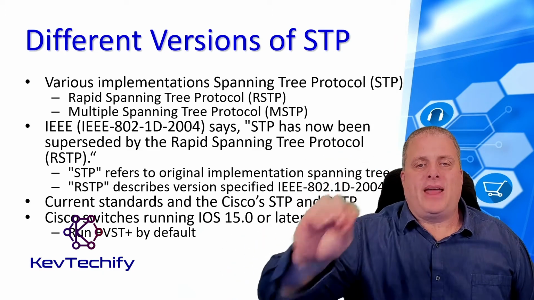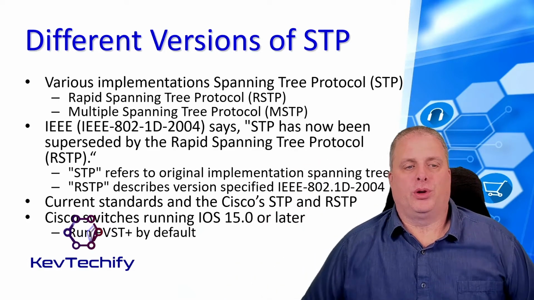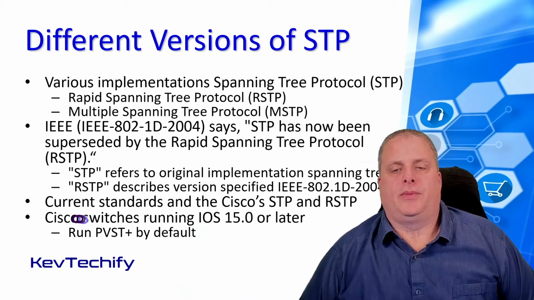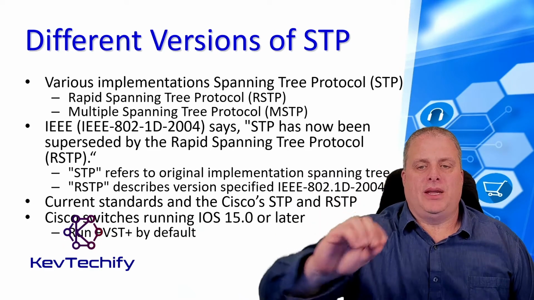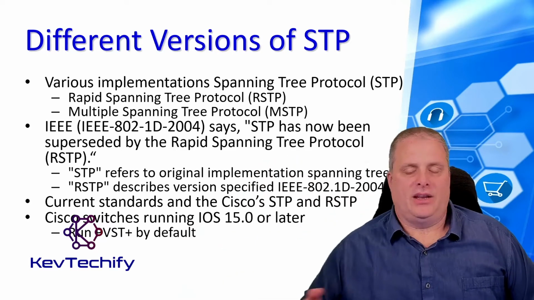So rapid spanning tree has replaced the original spanning tree protocol. STP refers to that original implementation. RSTP, that rapid spanning tree, refers to the updated version of that.